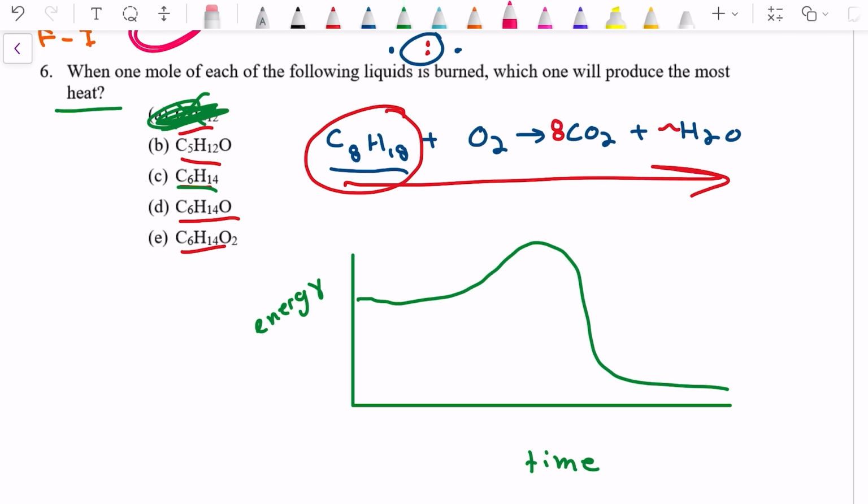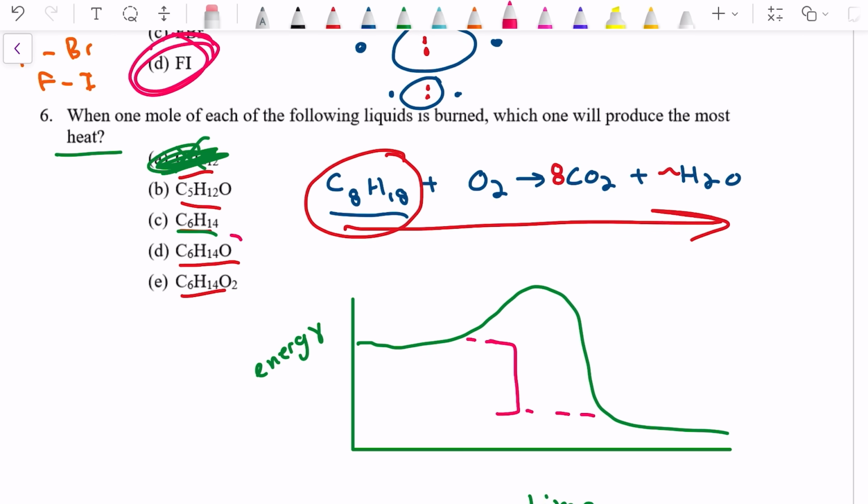This gap right here is our delta H of reaction, products minus reactants. If we start with a molecule that already has oxygen, we are starting with lower energy. Therefore, the delta H would be less because it's already partially oxidized.